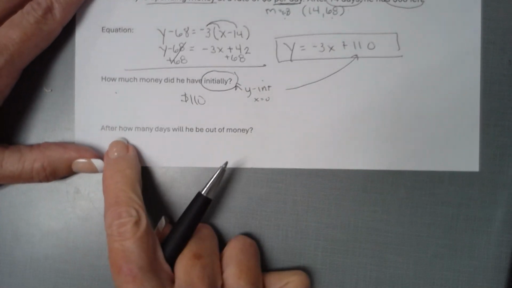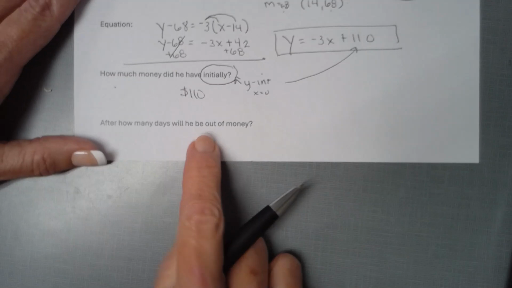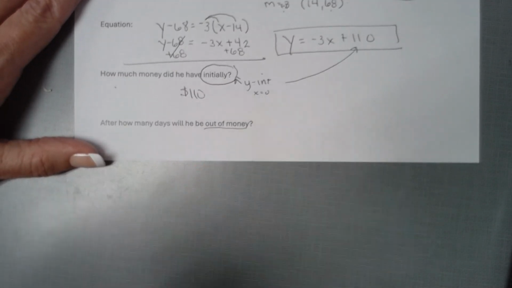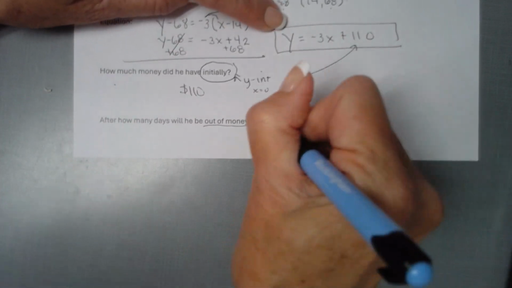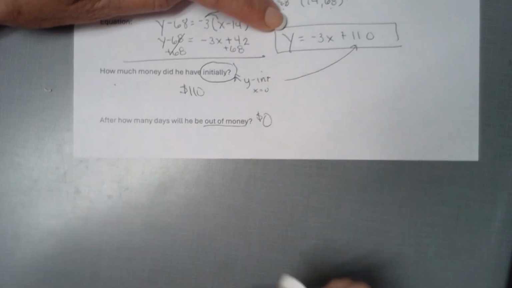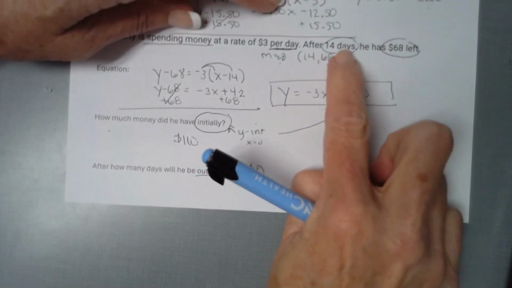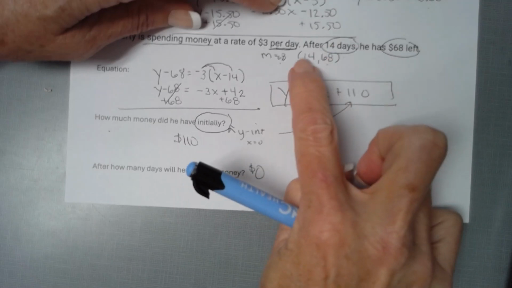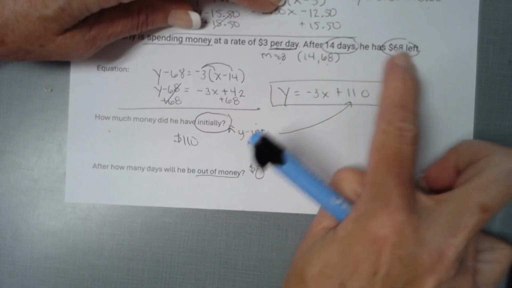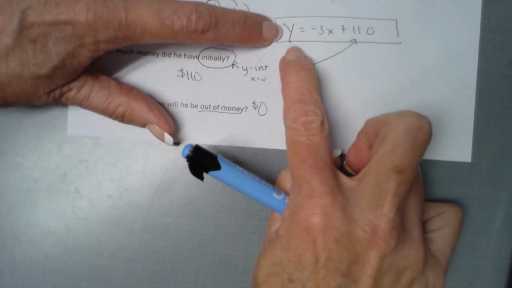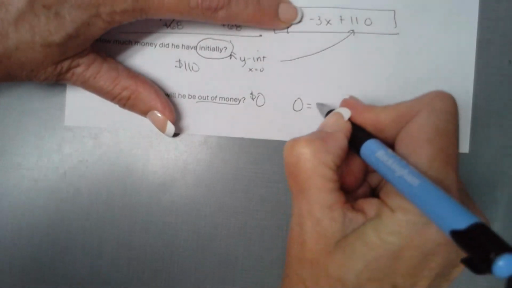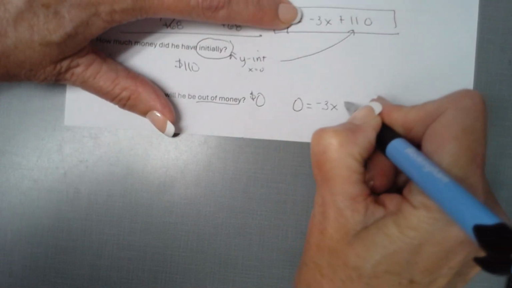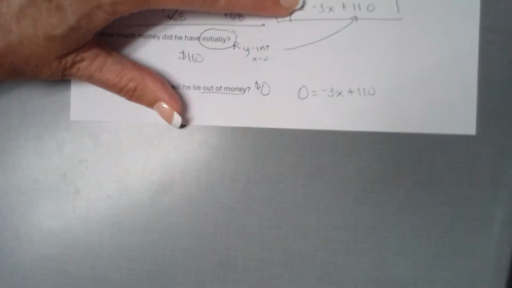Okay, then it says, after how many days will he be out of money? Okay, well, out of money is $0. Remember that your X stands for days and your Y stands for money. So we're going to put a 0 where the Y is, and we're going to record our equation, and then we're going to solve for X to find out how many days.